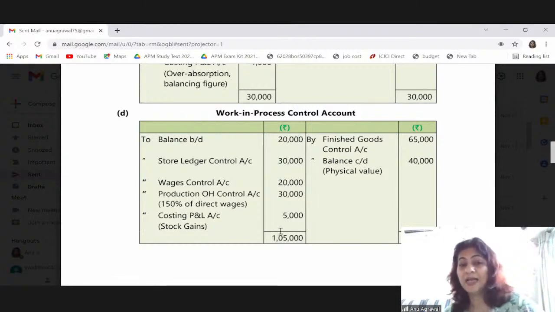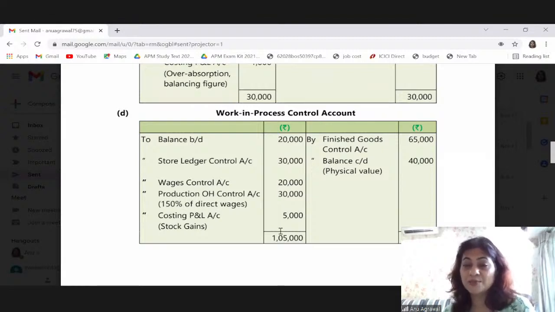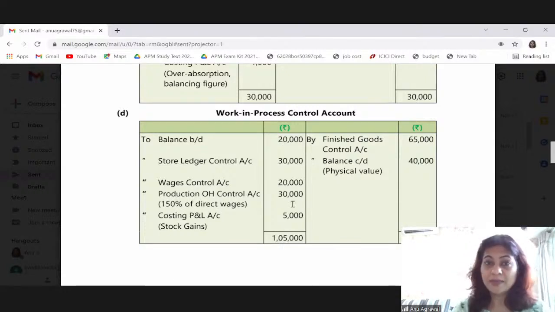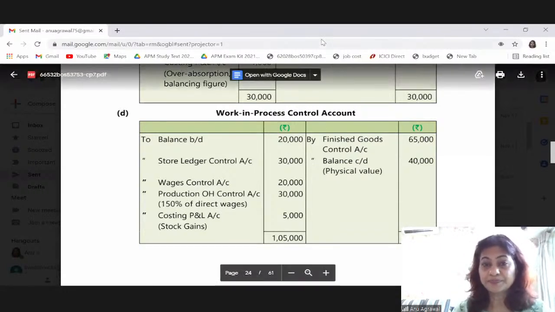They have treated it as a stock gain, right? Because as per accounting, the closing balance should have been only 35,000, right? But our balance was coming out to be 40,000 in physical. So there was a difference of 5,000. Remember? We did the sum. So there it was not tallying.